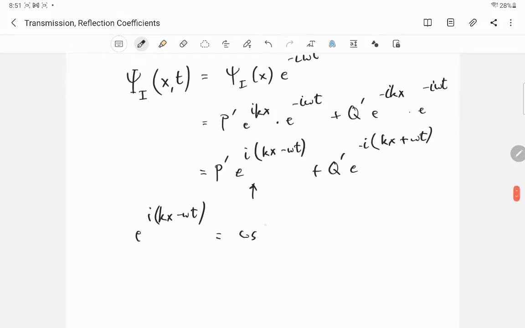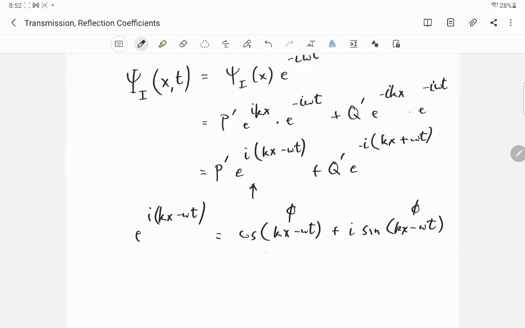It's cosine(kx − ωt) plus i sine(kx − ωt). And these arguments right here are known as phase factors. If you look at the relative sign between the term that's in space and the term in time, there is a minus sign.